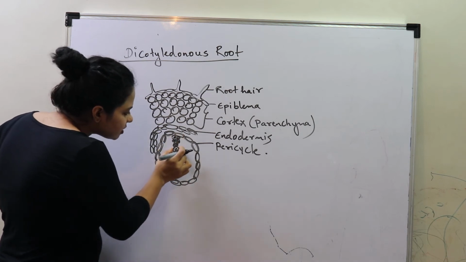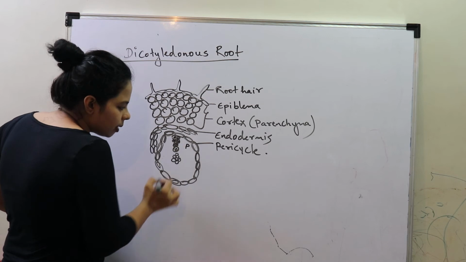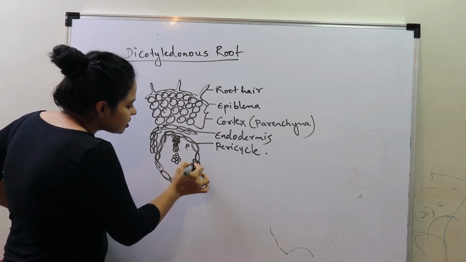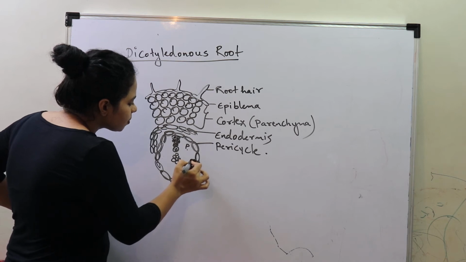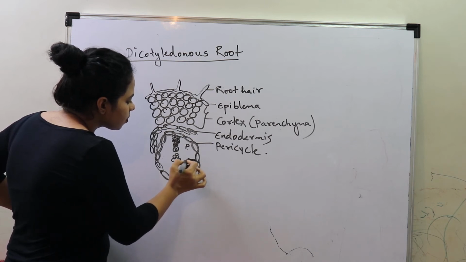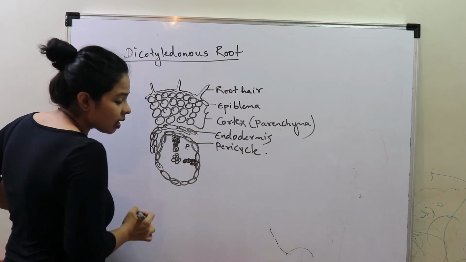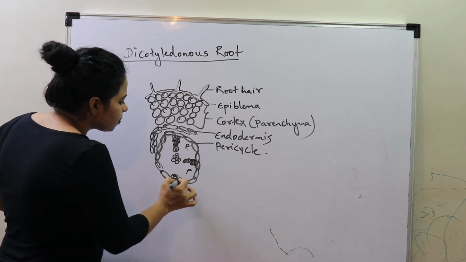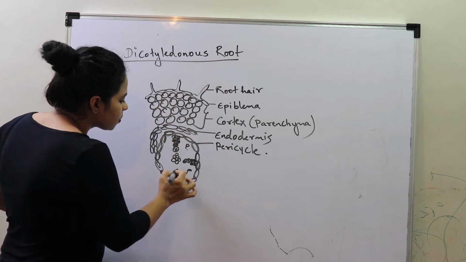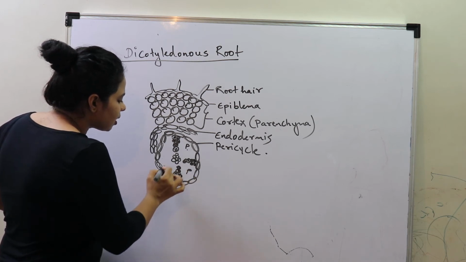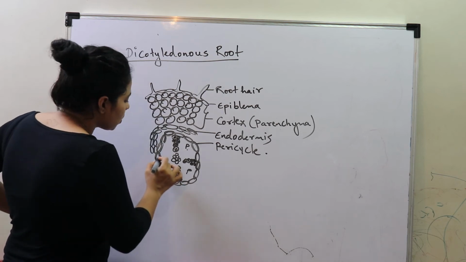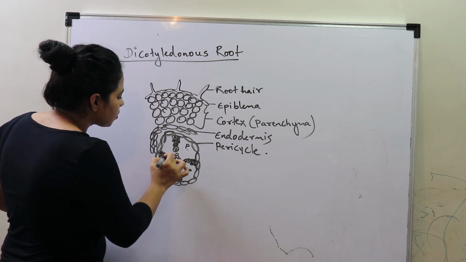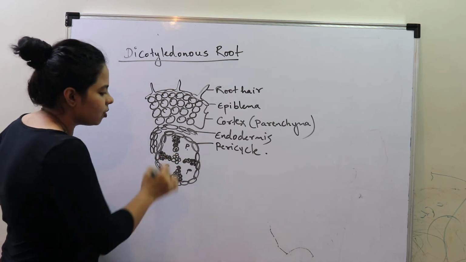So first bundle of xylem, then you have phloem. Then again you have second bundle of xylem, then phloem, then third bundle of xylem, then again phloem, fourth bundle of xylem, and phloem.